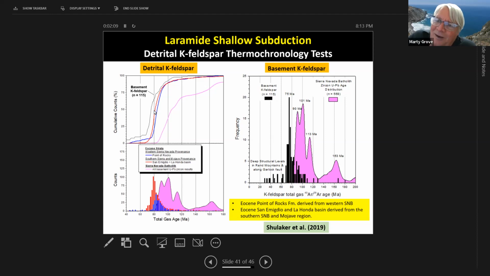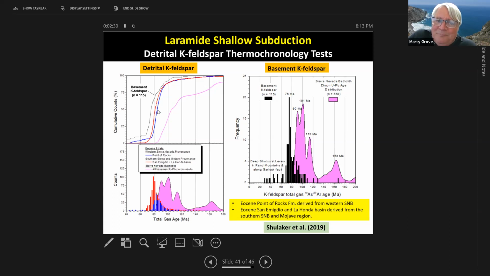It makes sense that these Eocene sediments would have a somewhat older distribution because they were receiving sediments from shallower levels of the crust relative to the present day erosion surface shown in black.